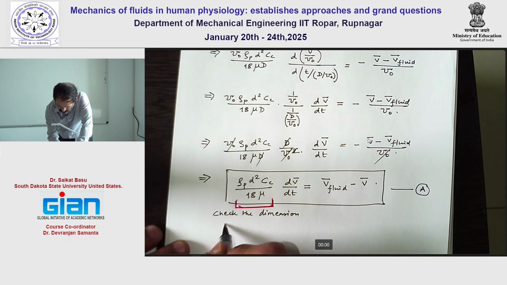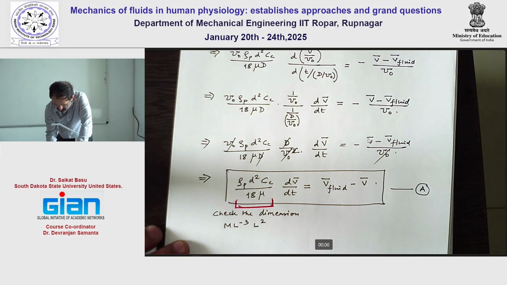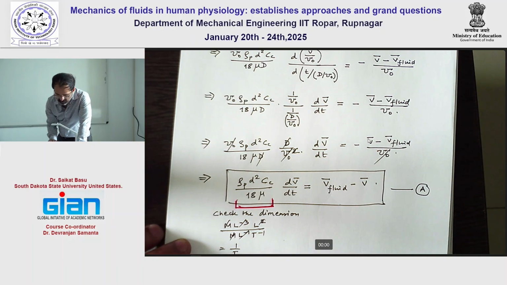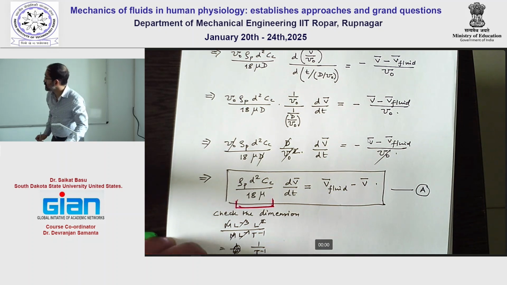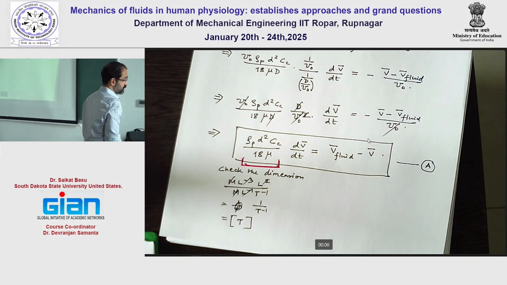So rho p is L to the power of minus 3, d square is L squared, the slip correction factor is dimensionless, divided by mu, which is kg per meter per second. So this becomes t. This is what we have derived as the particle relaxation constant, the tau.